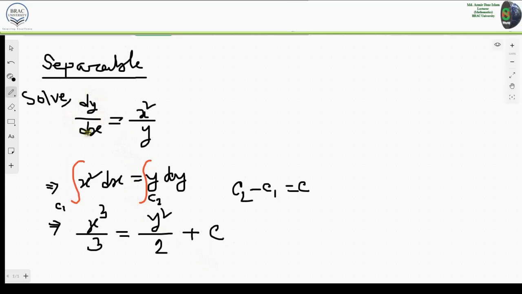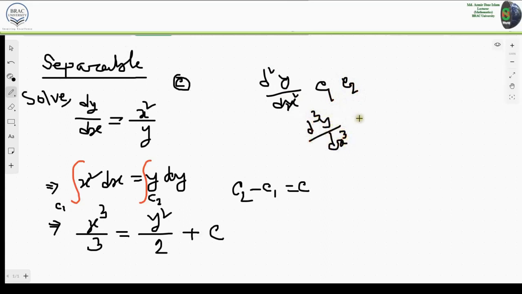So we can write only a constant here, that is c. Remember, a first order differential equation will contain only one constant c always. Similarly, a second order differential equation will contain two constants c1, c2. Similarly, a third order differential equation will contain three constants c1, c2, c3.